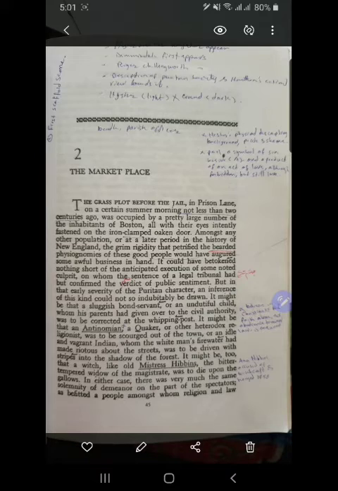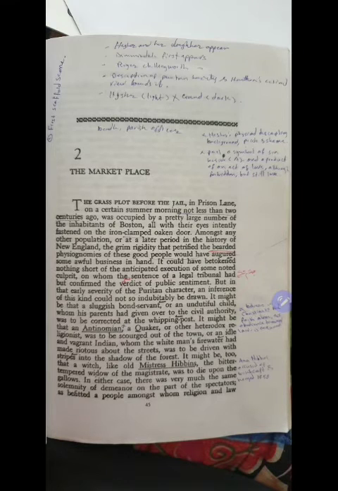I'll try to be very brief. The description here is very general. You find something related to Hester and her daughter appeared. Dimmesdale first appears. We have some characters. The previous chapter did not show any character. This chapter presents Hester, the protagonist of the novel, Dimmesdale, a Christian pastor who works in Boston church.